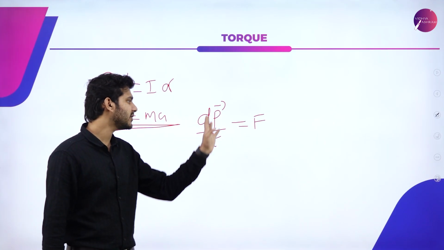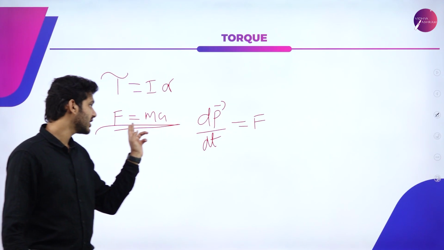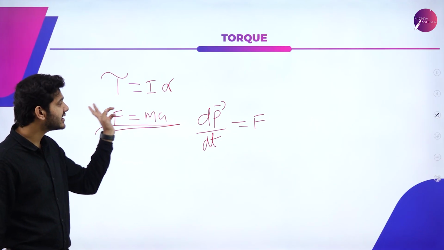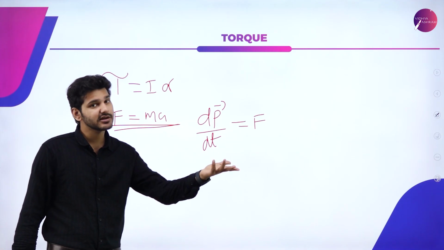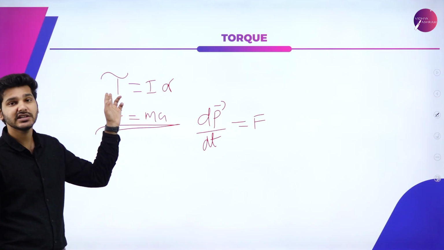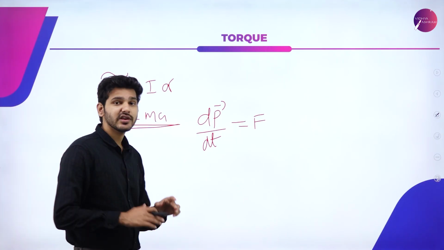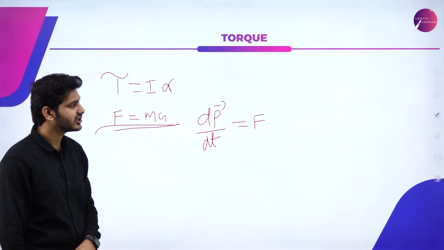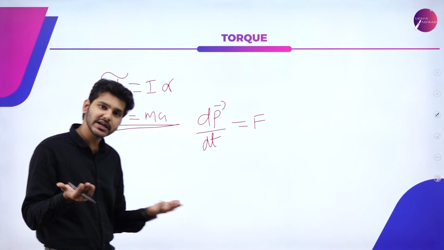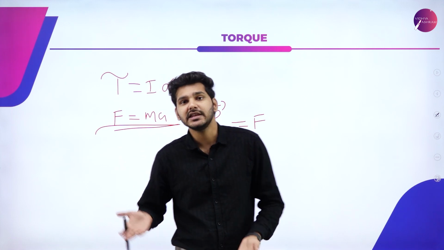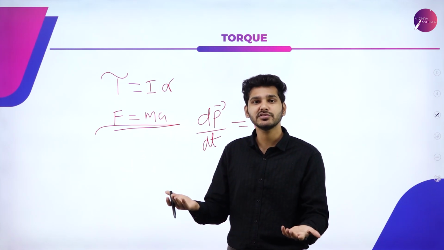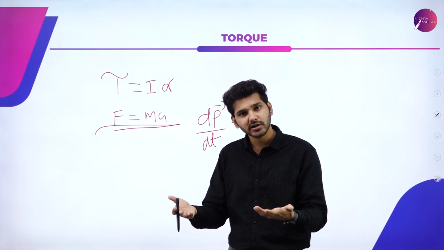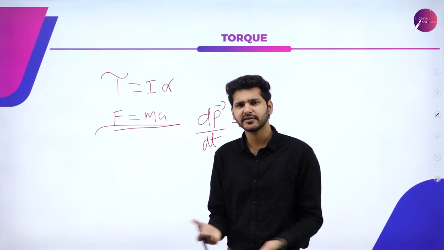So dP by dt is equal to F. This is Newton's second law of motion in terms of force applied, in linear mechanics, translational motion. But now we are saying it in terms of rotational motion. What is the difference? The only difference is that instead of linear terms like force and momentum, we use angular terms like torque and angular momentum.